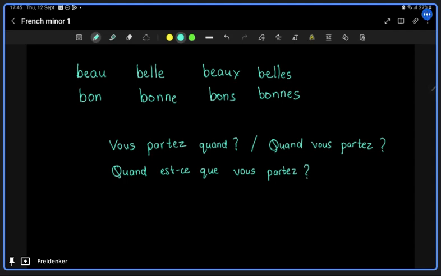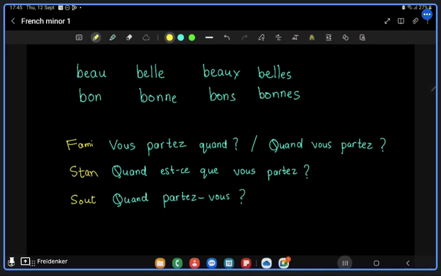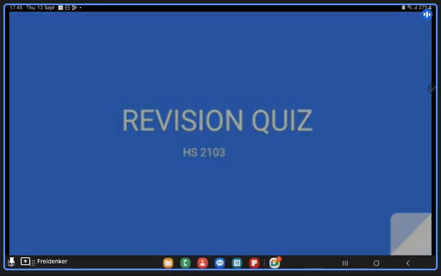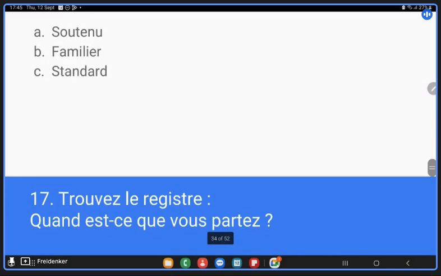Soutenu, the inversion, is this one. Quand partez-vous? So this is familier, this is standard, and this is soutenu. Yes, if that helps. So est-ce que is here, so it is standard, option C.